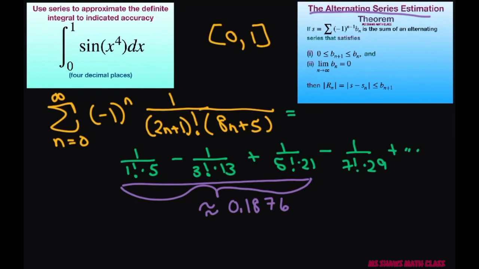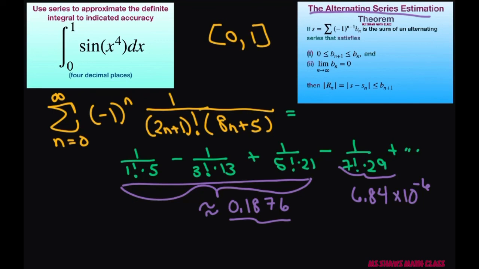Now, subtracting this part, which is going to be 6.84 times 10 to the power of negative 6, if you subtract this from here, it doesn't affect the 4 decimal places.